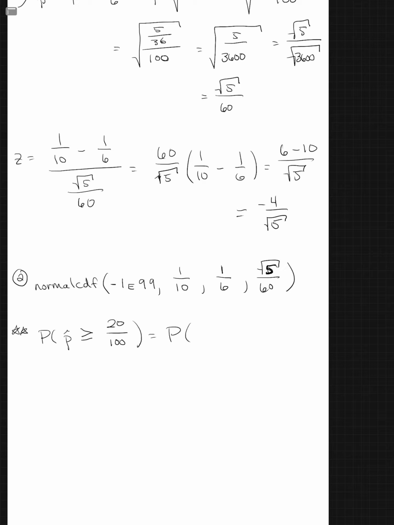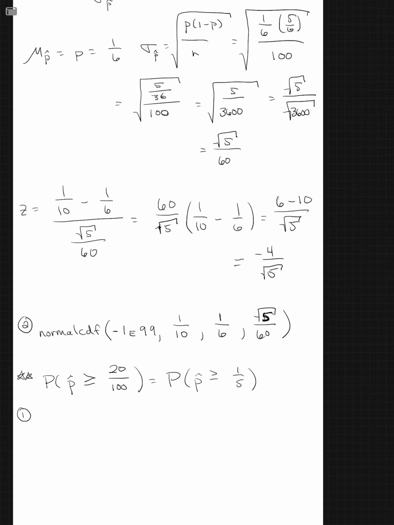So this is asking the probability that p hat is greater than or equal to 1/5. Right, so again, we have two options. We can find our z, which is going to be 1/5 minus 1/6 divided by √5/60.